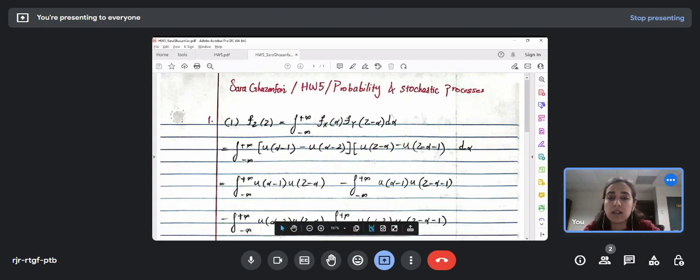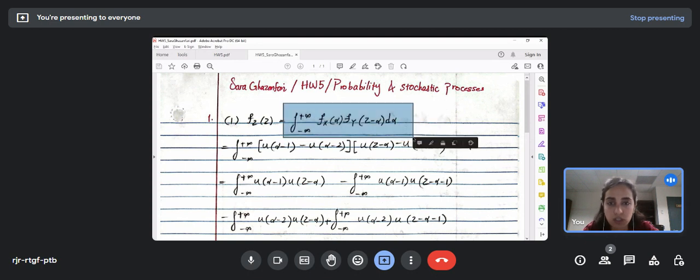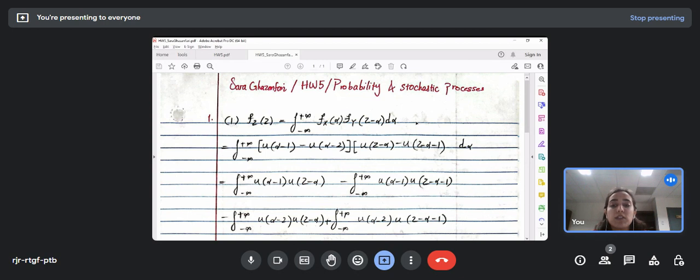So for the first part, which is the convolution, I have written the formula for the convolution, which is this integral. And then I have the f of x and f of y, and I will substitute them in the formula.